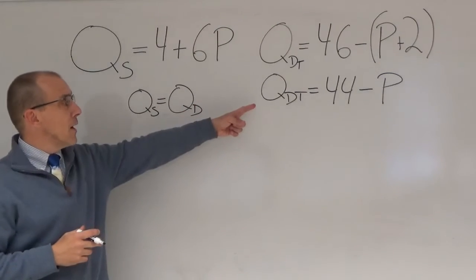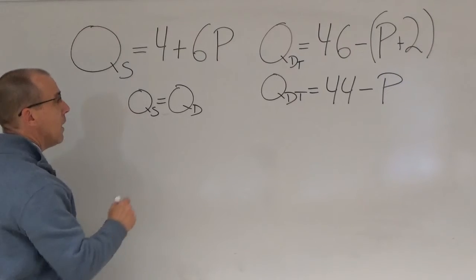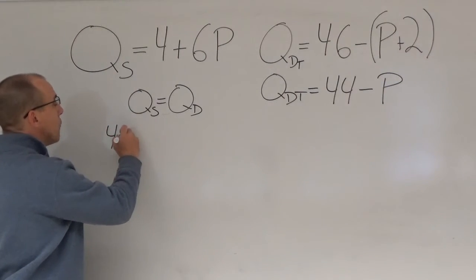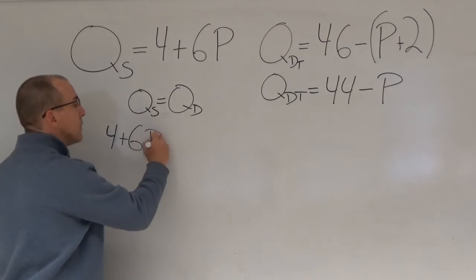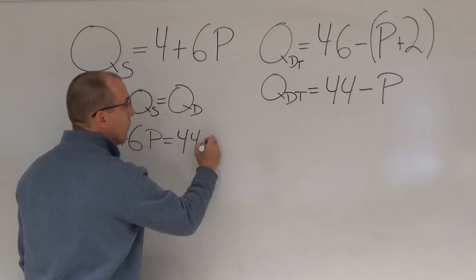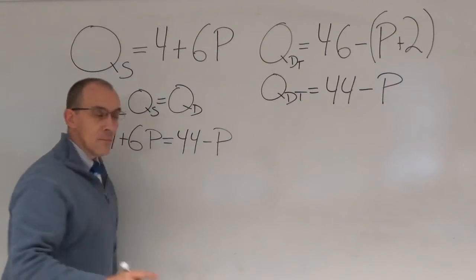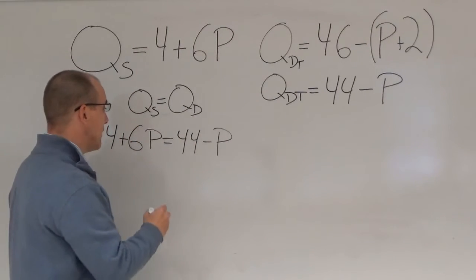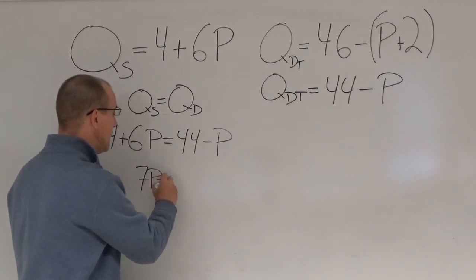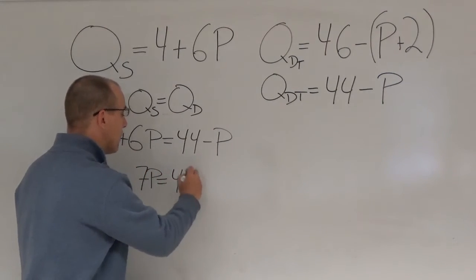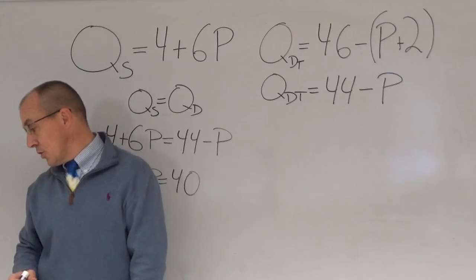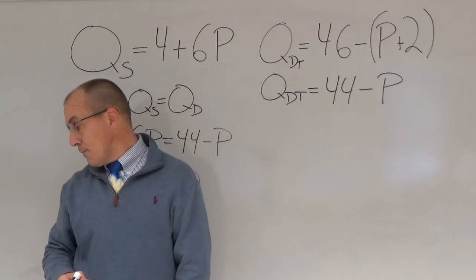But now I use my new demand curve in relation to my supply curve. So 4 plus 6p equals 44 minus p. Rearrange the equation again. I have 7p equals 40.